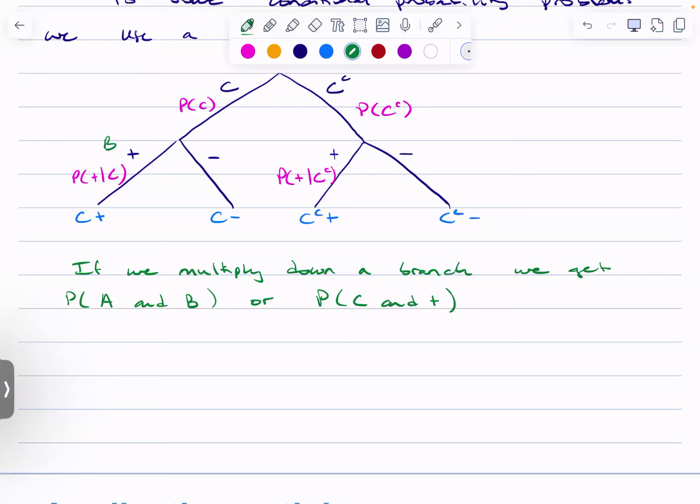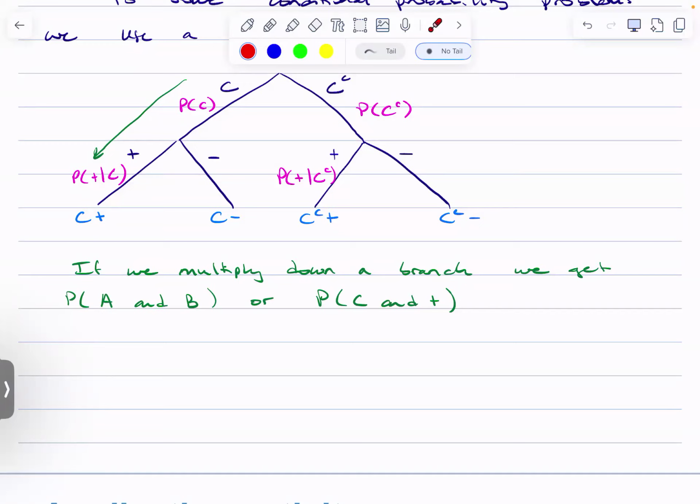Maybe I'll remove the A and B and just do this instead. So at the end of each branch, you have these kind of combined probabilities of all these outcomes. And one of the things that we said is going to be really useful to check your work is that these probabilities should add to 1, right? This is all the possible combinations of outcomes that we could have, right?